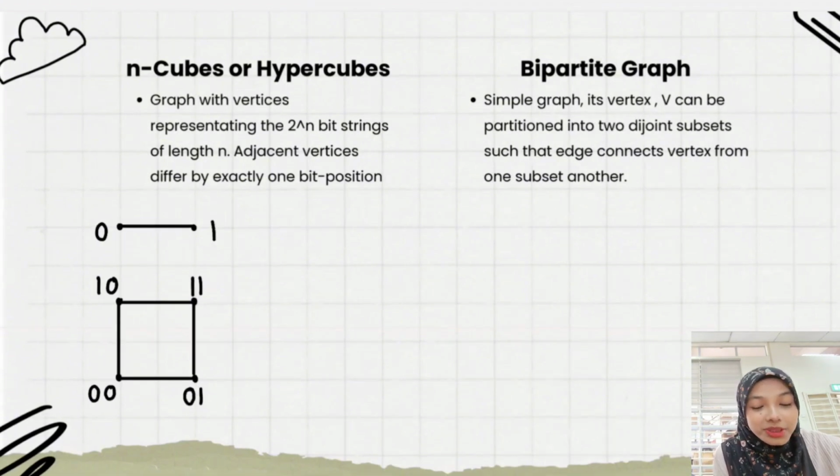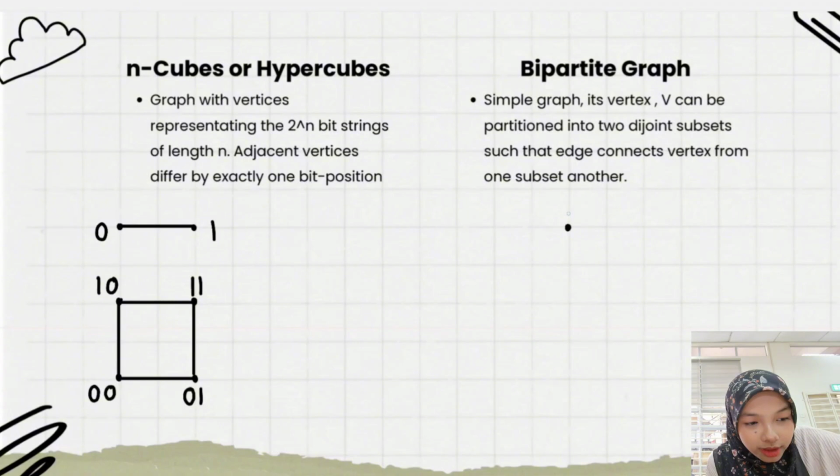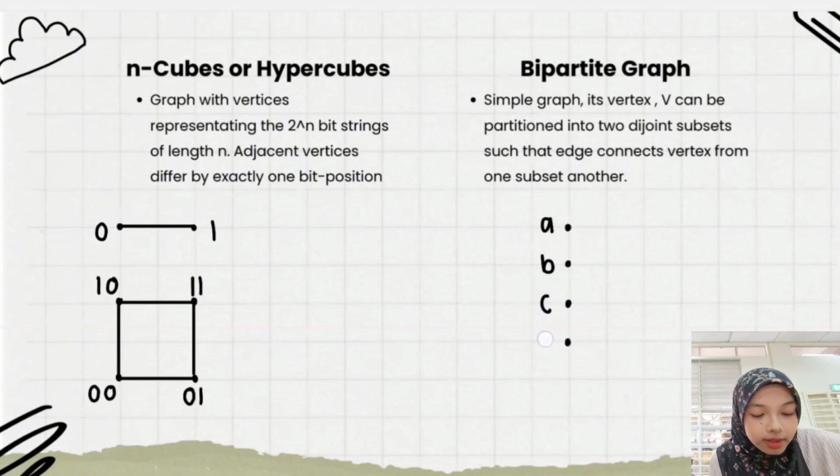For the last one, which is bipartite graph, it's a simple graph whose vertex set V can be partitioned into two disjoint subsets such that each edge connects a vertex from one subset to the other. I give an example here. This is A, and then B, C, and D, and then we have here 1, 2, and 3.